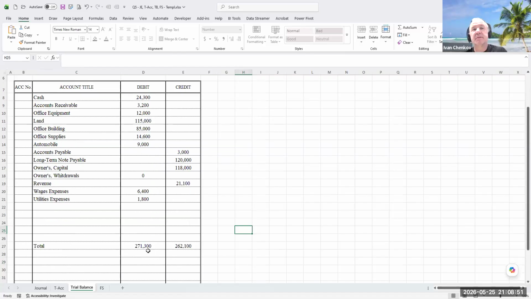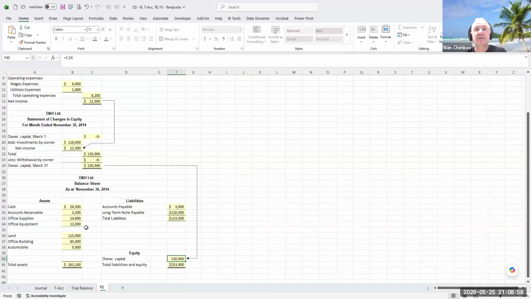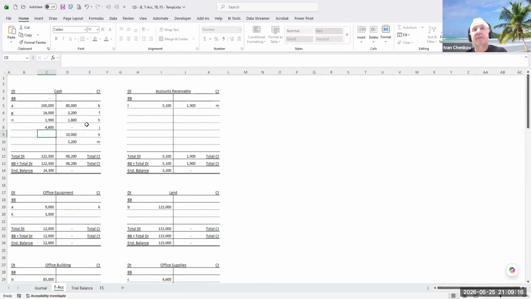First, the mistake is going to pop up on the trial balance, and second, when you run the financial statements, the balance sheet is not in balance. And by how much? Again, $9,200 right away. That's the effect of the mistakes on the trial balance and directly on the final reports.